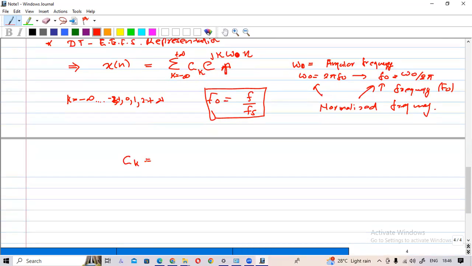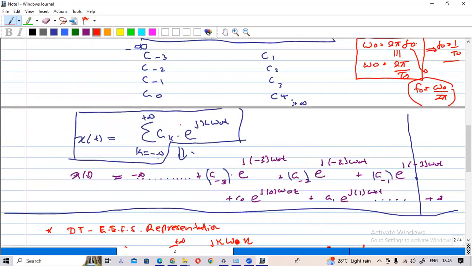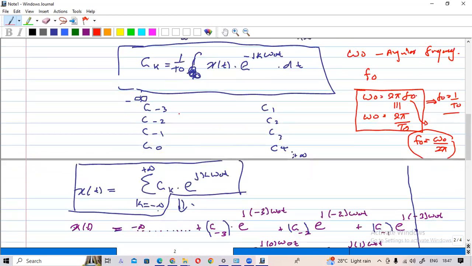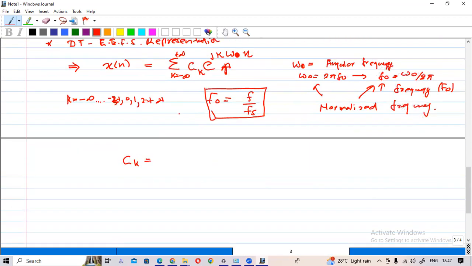If we consider a continuous time signal, it is equal to 1 over T naught, where T naught is the period. For a continuous time signal, you are measuring T naught in seconds, the fundamental period. But for a discrete time signal, you are not going to measure it in seconds.